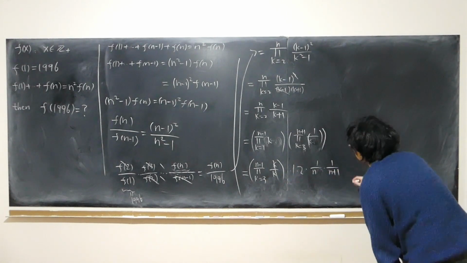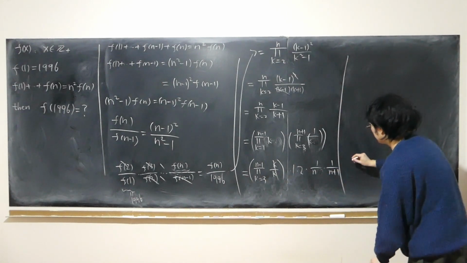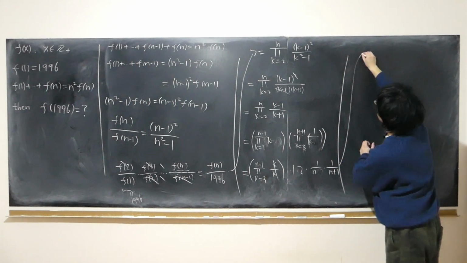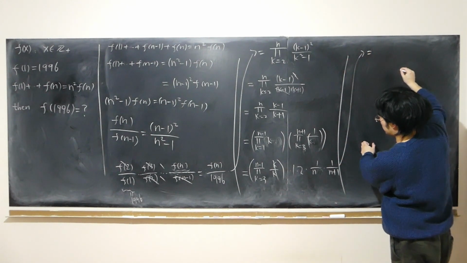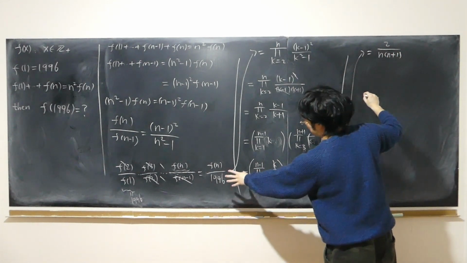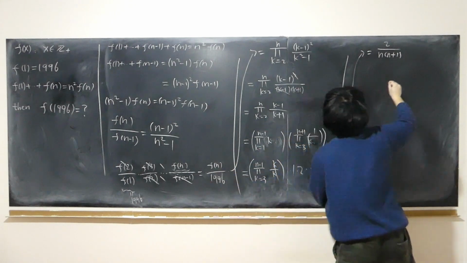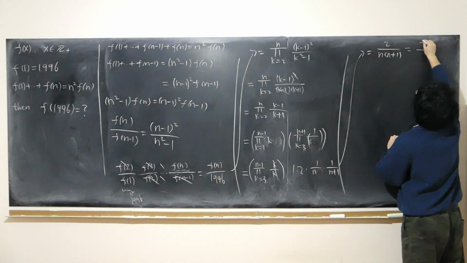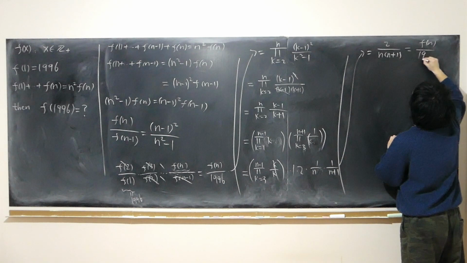So that is just 2 over n times n plus 1. That is f of n over 1996.